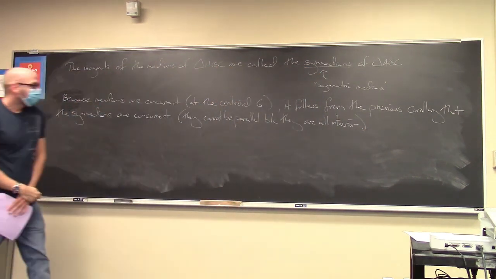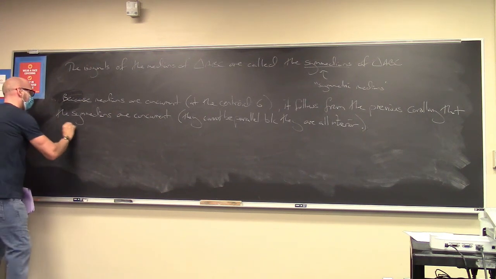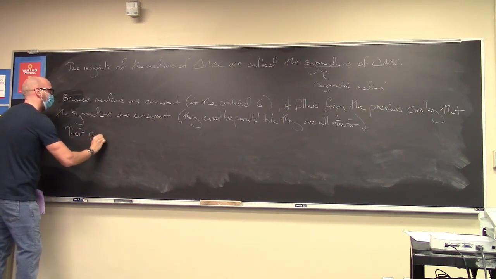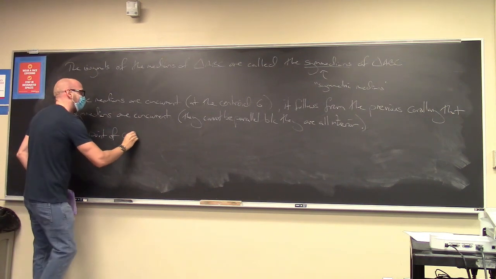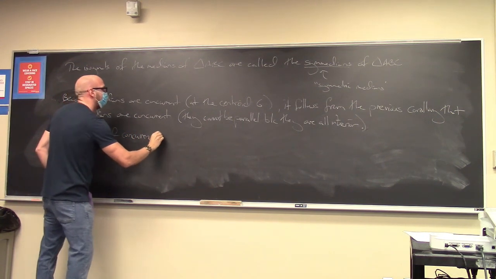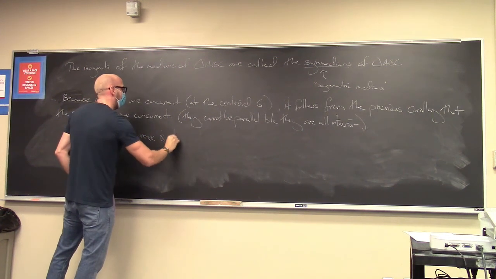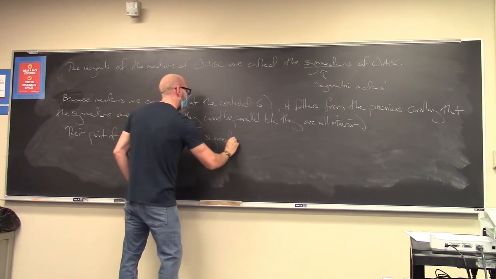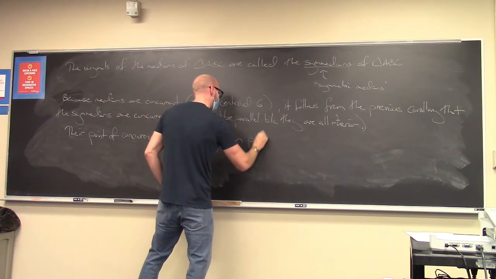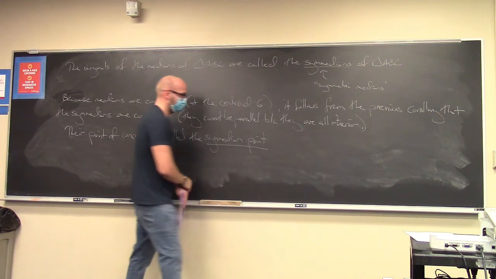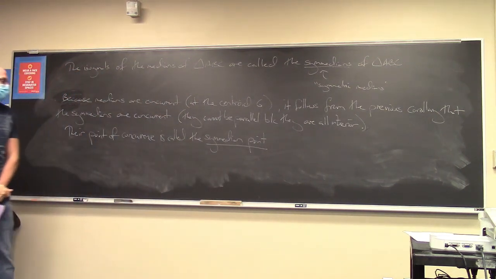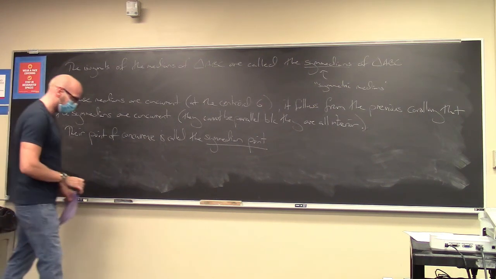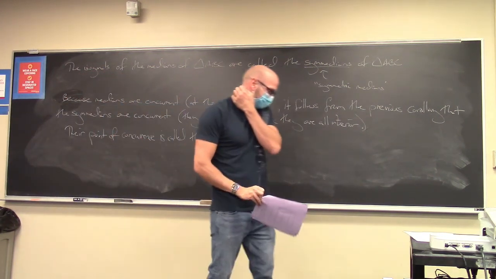And their point of concurrence is called the symmedian point. As I understood, this point has a few different names because it was sort of independently written about by a few different people.